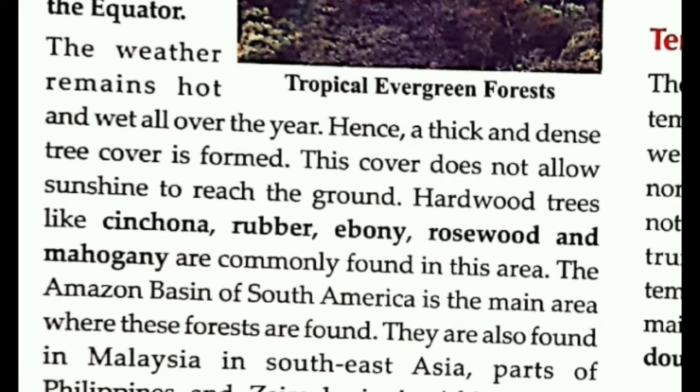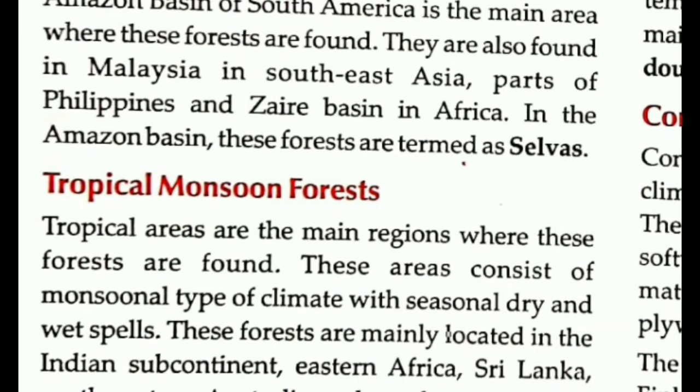As we move away from the equator, the seasons and temperature change, giving the tropical monsoon forest. This forest is known for the monsoon type of climatic condition, with dry and wet spells, which means the area is completely dry, but during the monsoon season there is heavy rainfall and the region remains wet.